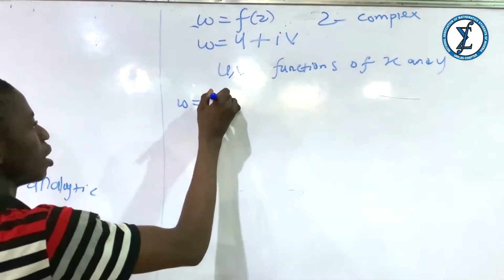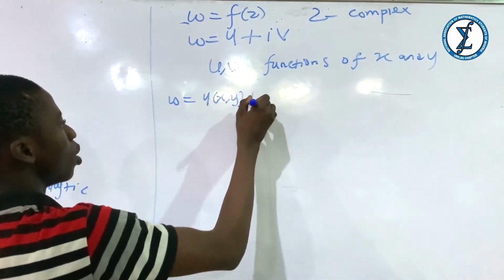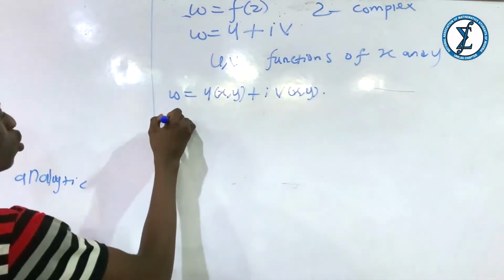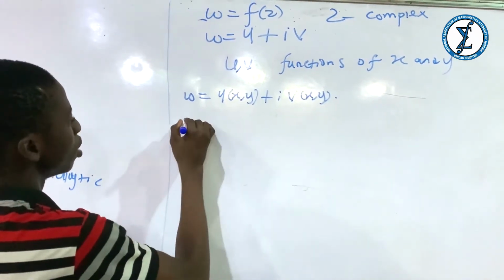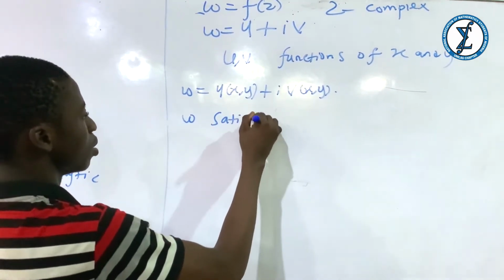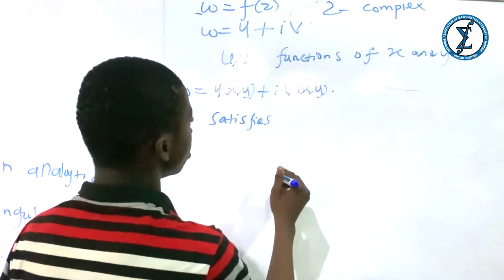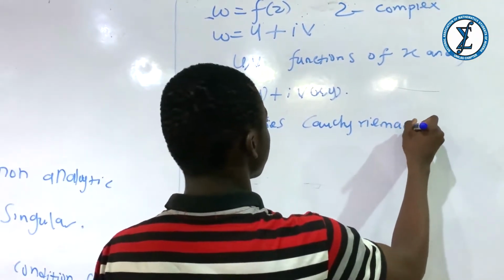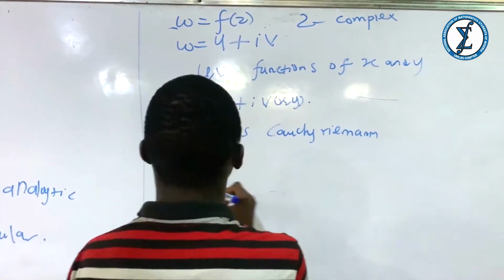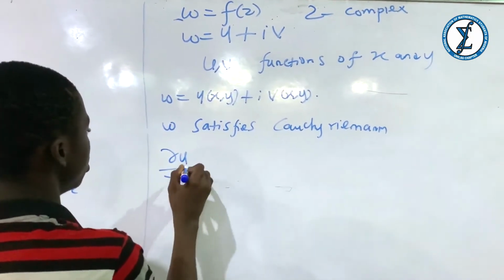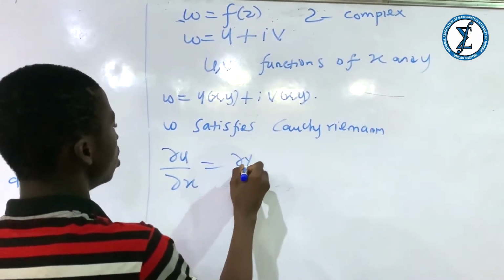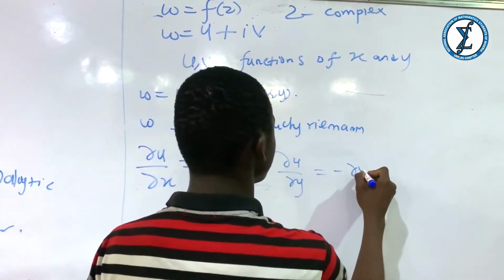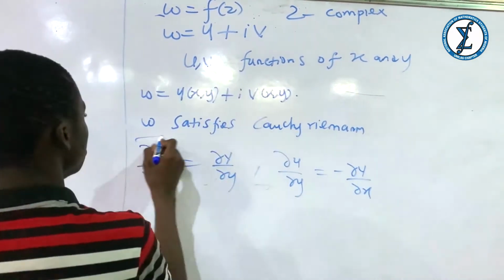So w can be written as u of x, y plus i v of x, y. Now, the function w satisfies Cauchy-Riemann if the partial of u with respect to x is the same as the partial of v with respect to y, and the partial of u with respect to y is the same as minus the partial of v with respect to x. So these are the Cauchy-Riemann equations.